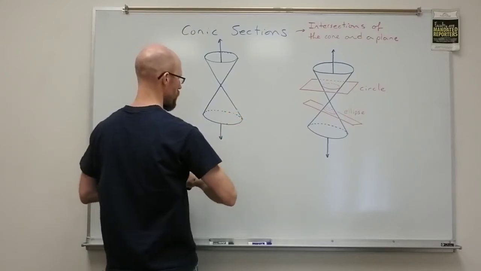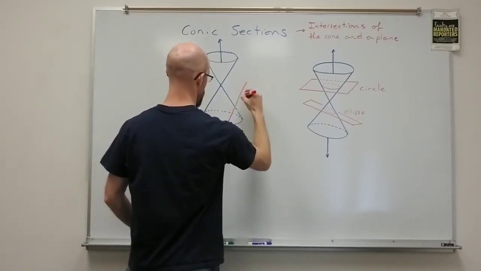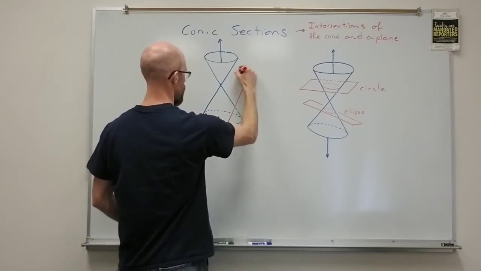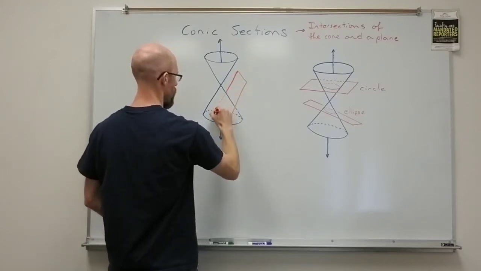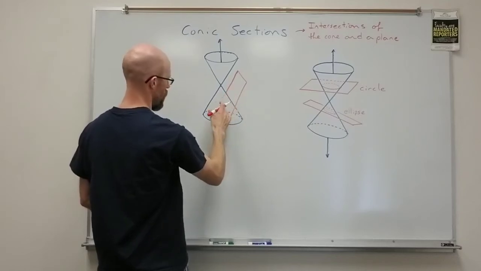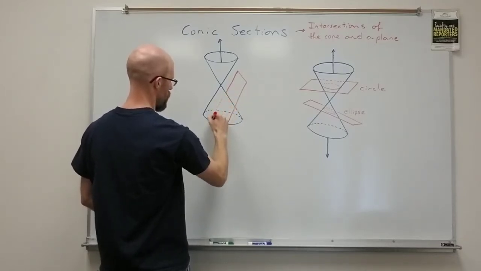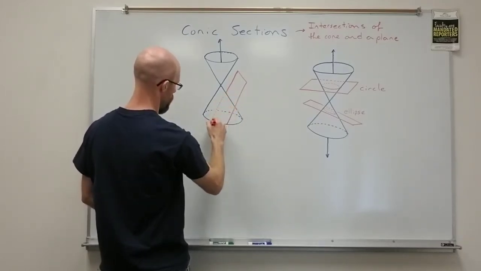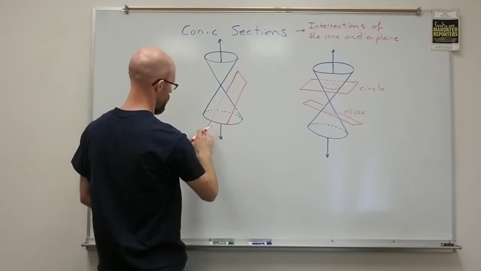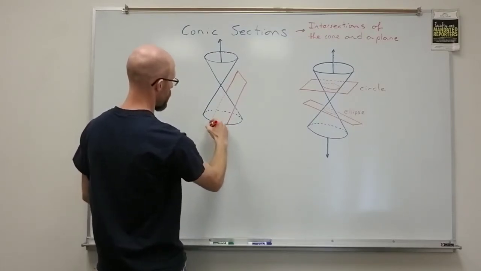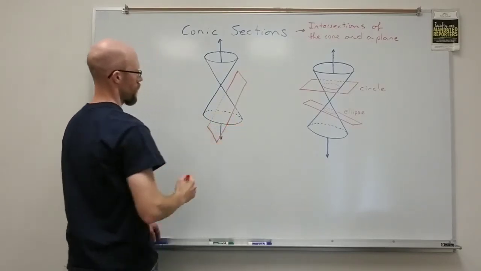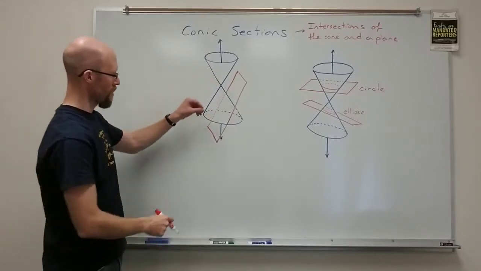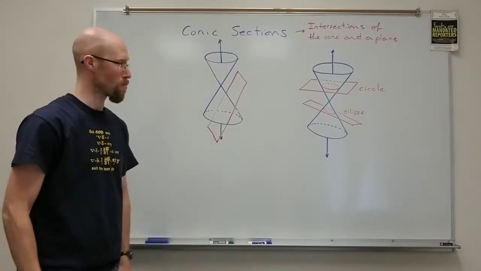See if I can get a better drawing here. Good thing I have erasable marker as I try to do this, right? Okay, something like that. Let's again assume that this cone goes on indefinitely and so does the plane.